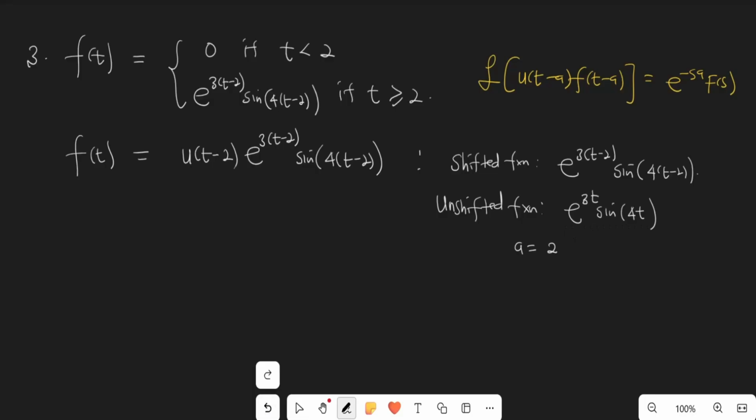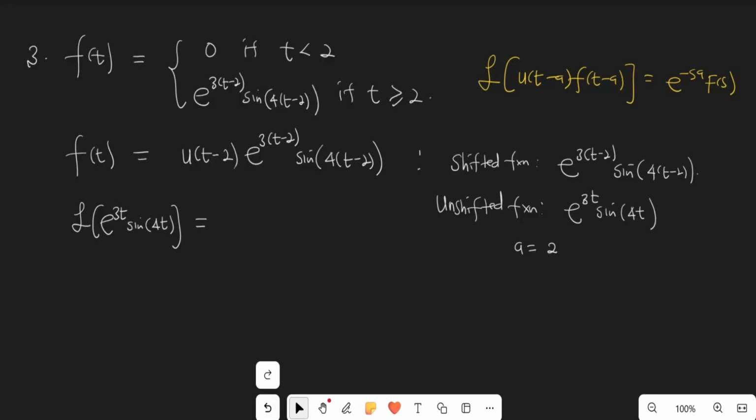So how do we take the Laplace transform of this one? Let me do that. The Laplace transform of e to the 3t multiplied by sine of 4t is the Laplace transform of sine of 4t, but the s variable is going to be shifted by 3, the constant in the exponential function.